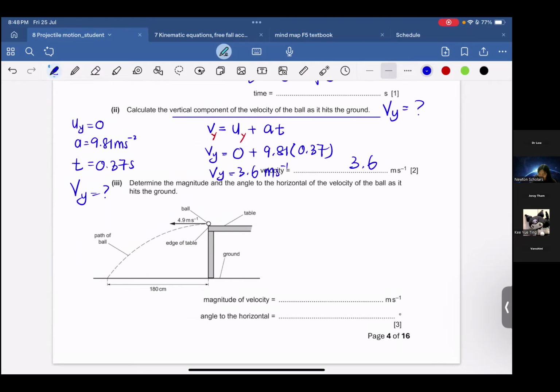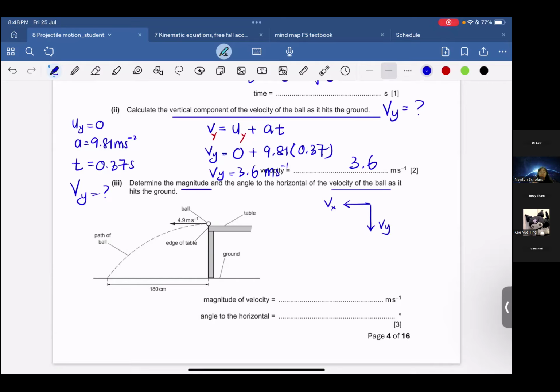Determine the magnitude and the angle to the horizontal of the velocity as the ball hits. The velocity of the ball involves Vx and Vy.